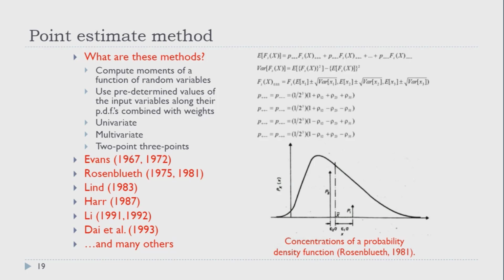But Evans came first with other versions of the method. The point estimate method basically is a method for computing the moments, again, of the frequency distribution of the factor of safety using specific points. That's why it's called point estimate.